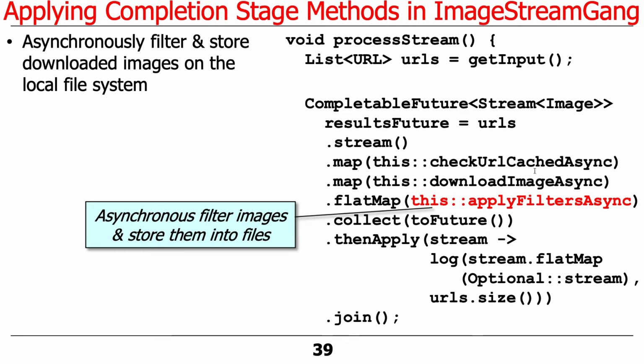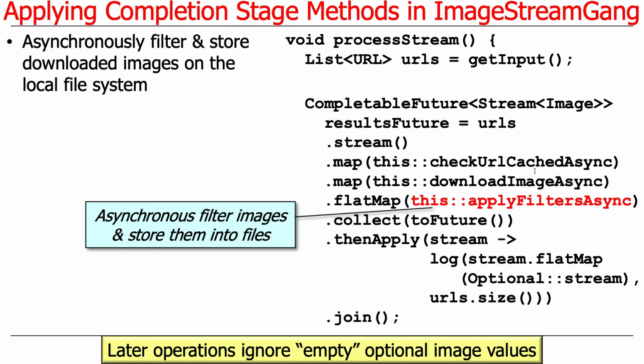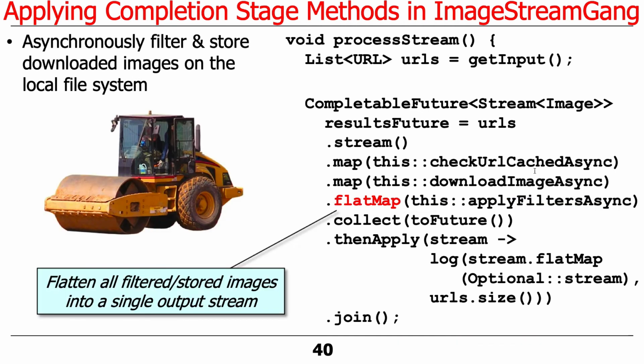This method, as we'll see, asynchronously filters images and stores them into files. And as before, it'll just ignore empty image values that would have percolated down because the images had already been cached earlier. Now, again, flat map sort of flattens things. In this case, we're just taking a stream and making a bigger stream.